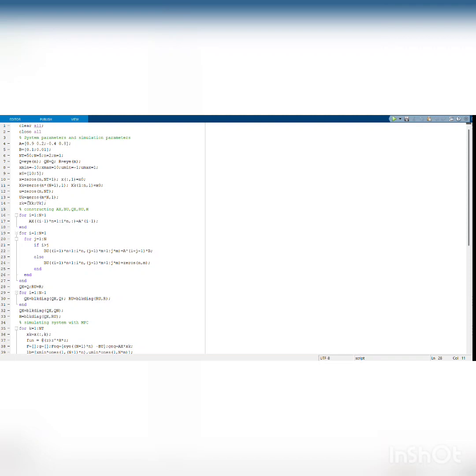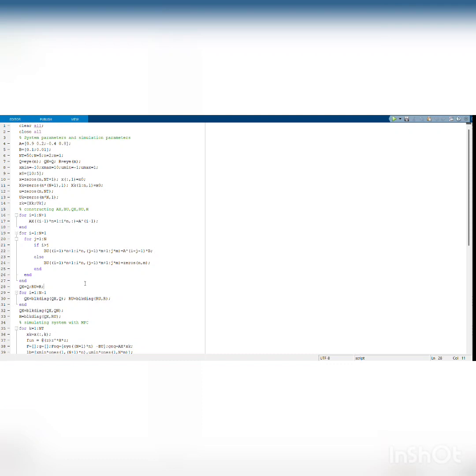We take zk as the combination decision vector of xk and uk. And for getting Ax, Bu, Qx, Ru and H, we write the code like this, so that we can compute these variables by using these predefined values.